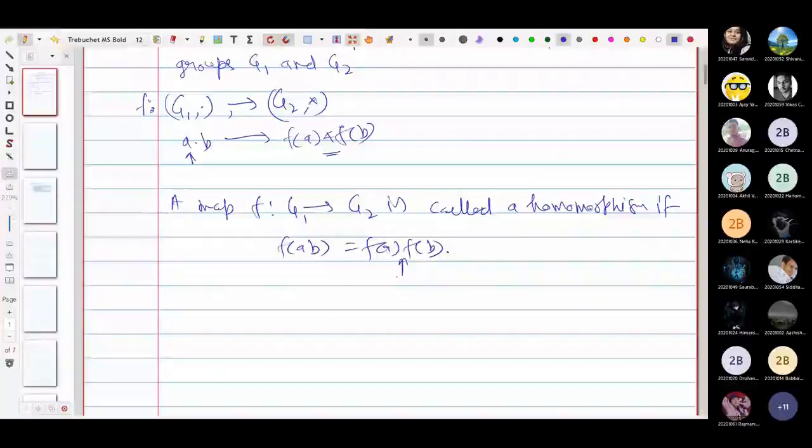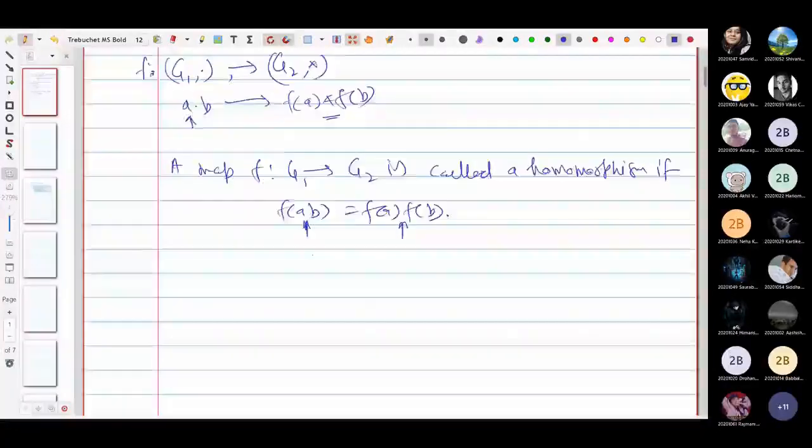So next, another definition. Let us write the definition first, and after that we can have some examples also.